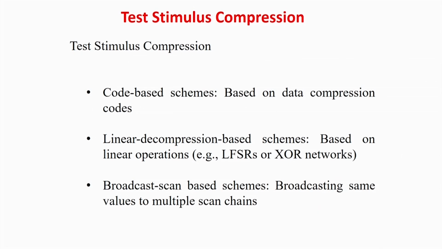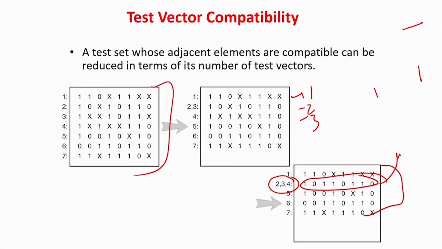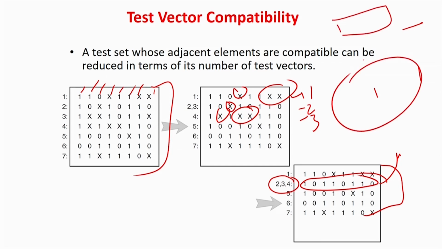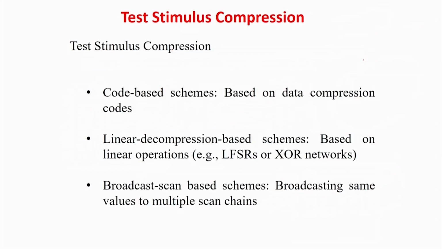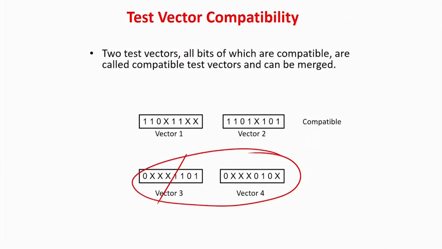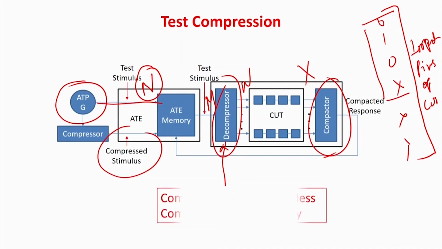But that is also a very simple one. Another important idea is that in this case there are 2 x's, 3 x's, in this case there is a single x, in this case again 3 x's. So do I really require 1, 2, 3, 4, 5, 6, 7, 8? Do I really require 8 channels? Or can I reduce the number of channels and have some inbuilt circuitry here in this CUT, which I call a decompressor?